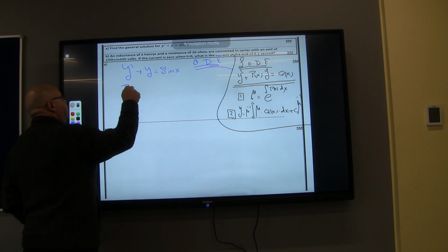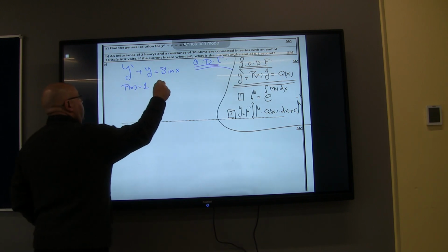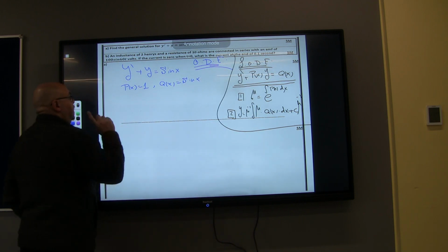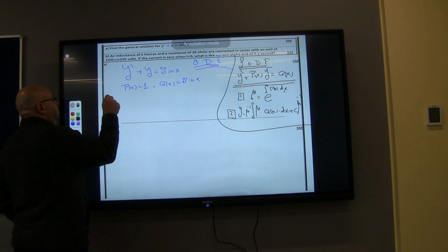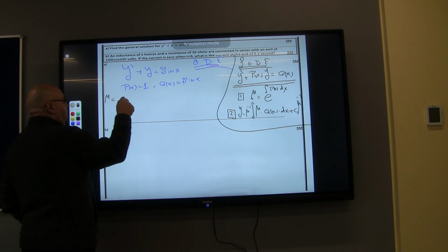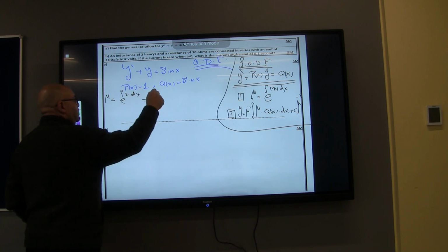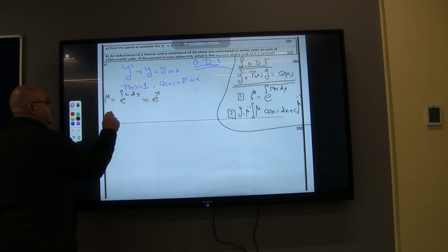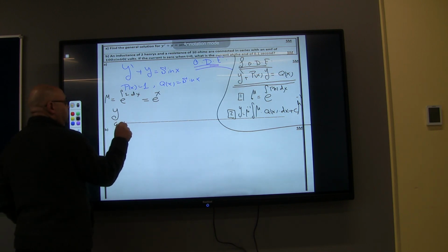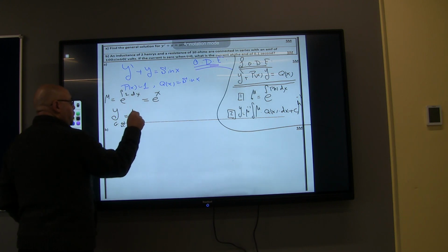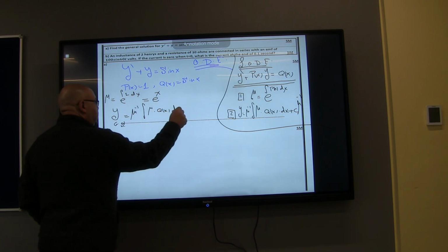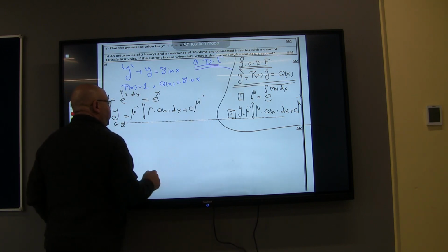Here we have p of x equal 1, and q of x, which is simply sine x. Getting the integrating factor, mu is going to be e to the integral of p of x, which is 1, with respect to x, so it's going to be e to the power of x. I have the integrating factor. The second step is to get y as the general solution, which is going to be mu to the power of negative 1 times the integral of mu times q of x dx plus c times mu to the power of negative 1.